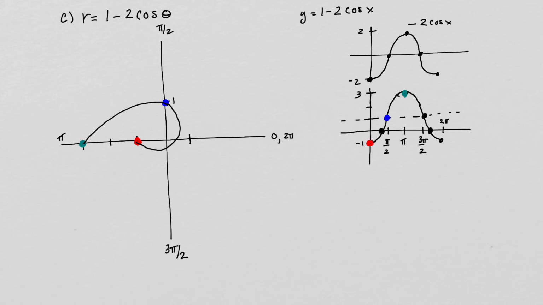And then the next one here, the yellow dot. The yellow dot is at 3 pi over 2. We're at 1. So we're talking about doing this. Oops, I should have actually made the yellow dot.